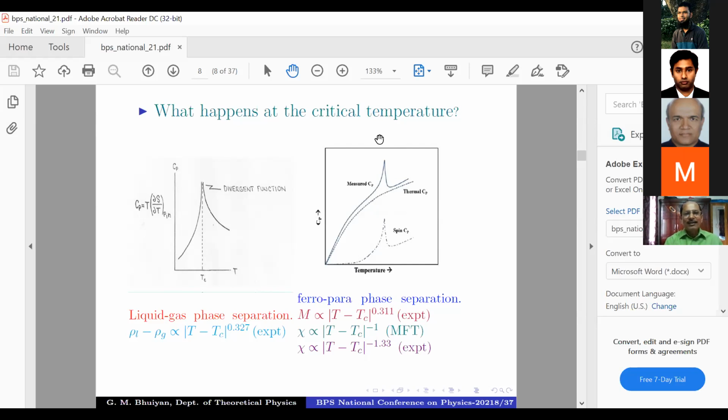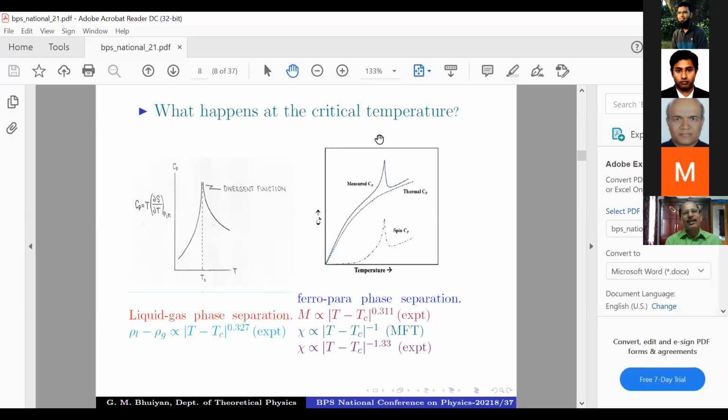So we can assume that the critical phenomena do not depend on the type of materials we are using, but there is a generality or universality in this behavior, particularly near the critical point.